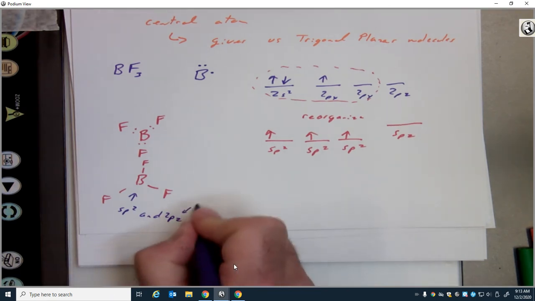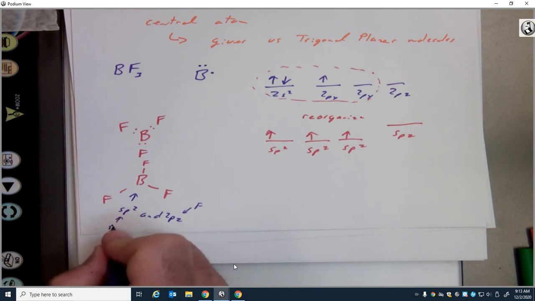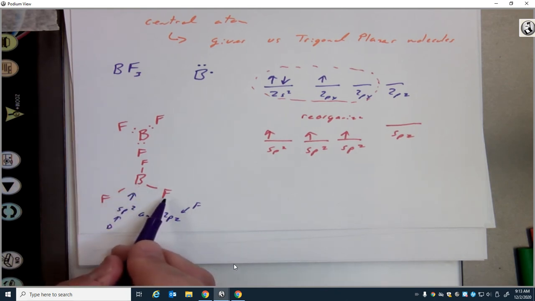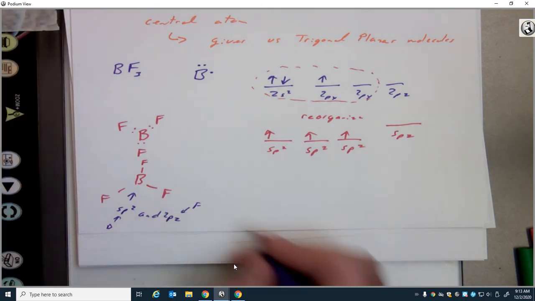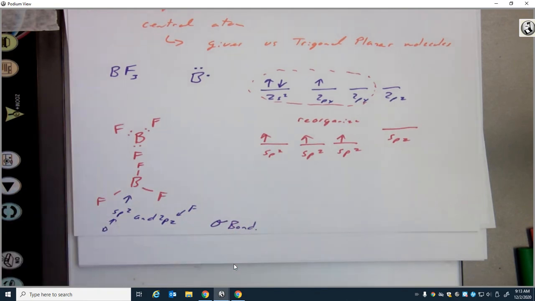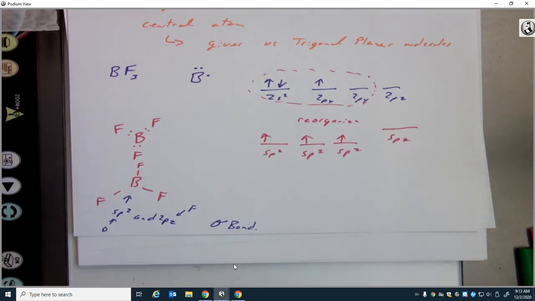This would be from fluorine, and this would be from my boron. So the sp2 orbital would overlap with the fluorine 2pz orbital, and this would again give us a sigma bond. All right.